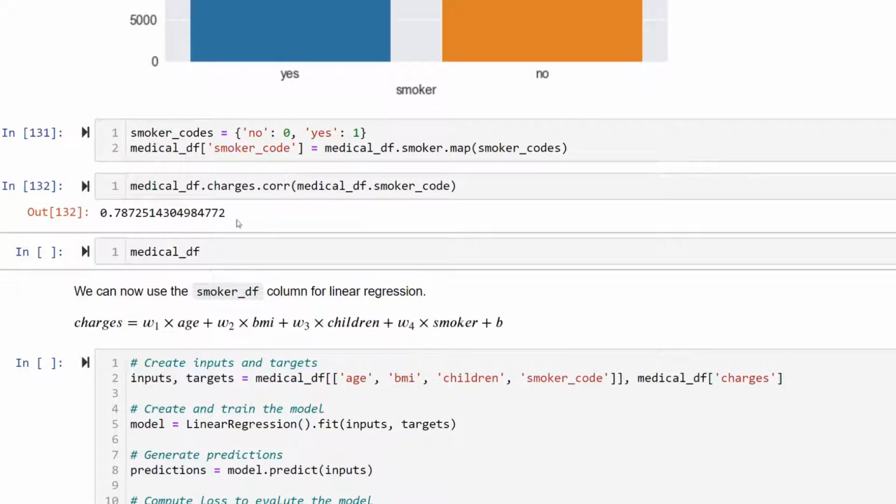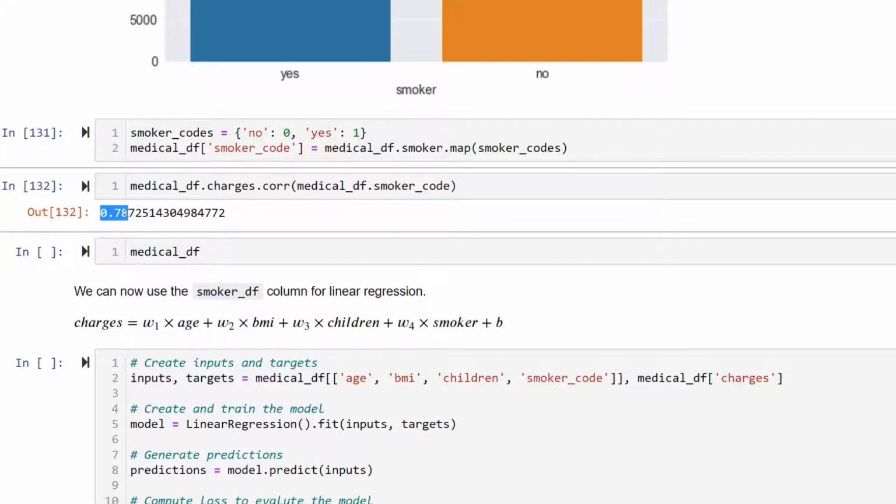Let us try to find the correlation between those smoker codes and the actual target data. There was about 78% correlation, so this was very high. So far we hadn't used the categorical values against the target values. These are some of the most important points to note about neglecting categorical values.